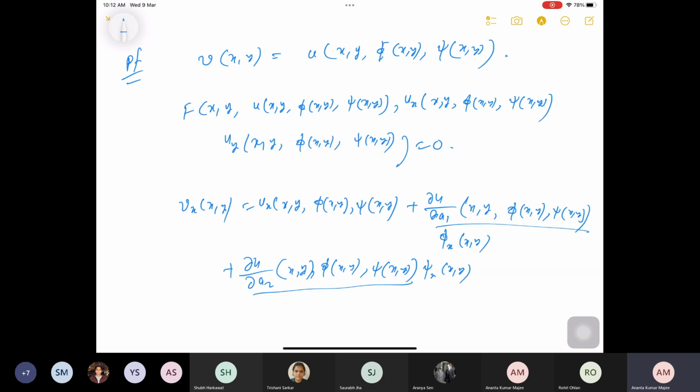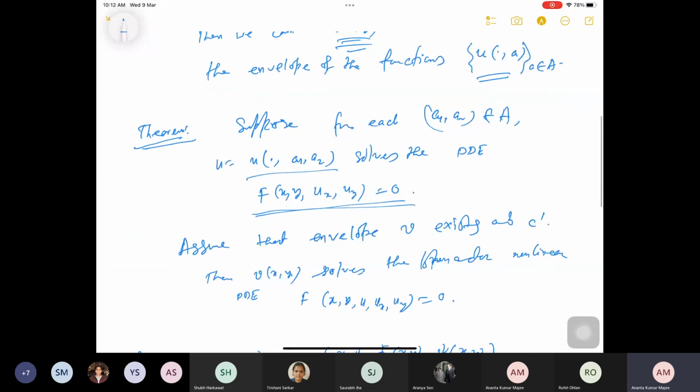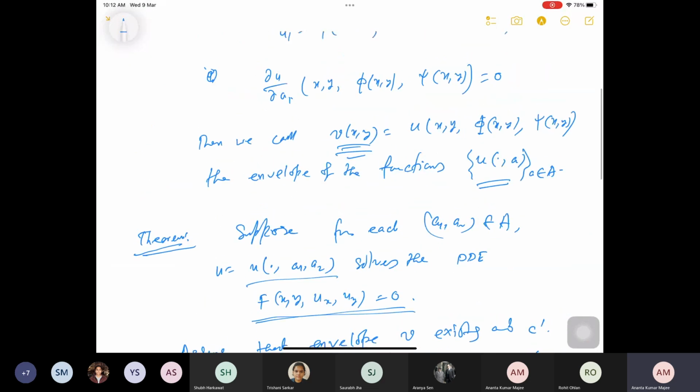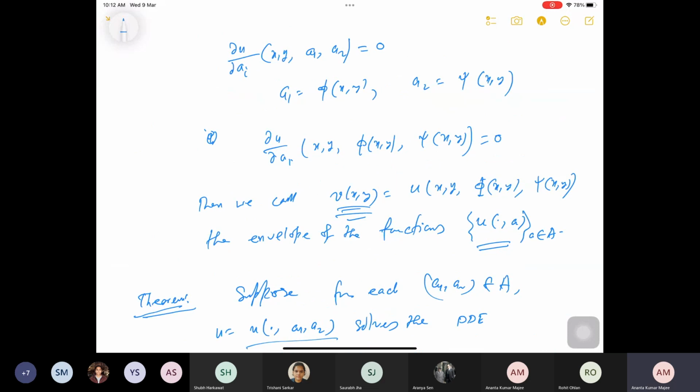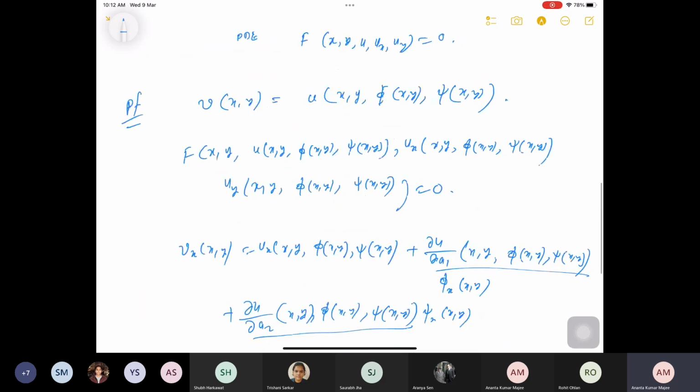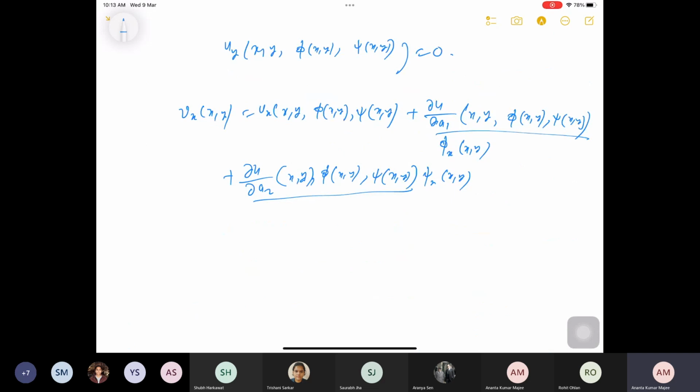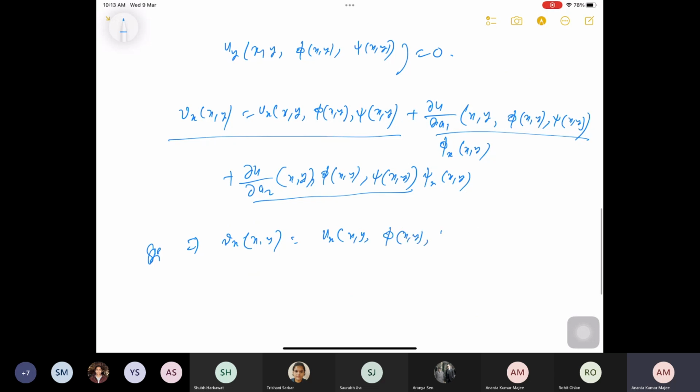Similarly, this part is also 0 because v is an envelope, and what I know is that a1 and a2 can be solved from that equation by the definitions, the partial of u with respect to a_i at (x, y, a1, a2) is equal to 0. That means a1 is some function of x,y, a2 is some function of x,y. So what you end up with is v_x of x,y, which is nothing but u_x of x,y, p(x,y), psi(x,y).